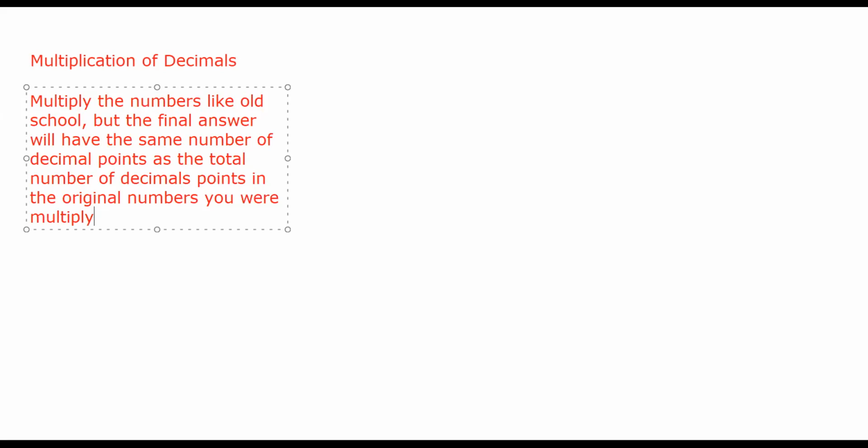Total meaning, if I'm multiplying a number that goes out to 2 decimal places by a number that goes out to 3 decimal places, 2 plus 3 is 5, my final answer is going to go out to 5 decimal places. It's a little bit tricky, and it's also not easy to see why that happens. So for now, we'll say it just does, but there's actually a good reason it happens. I can demonstrate it mathematically using fractions, but probably don't want to do that, but we could.